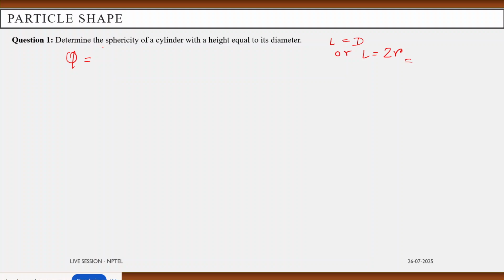So for any cylinder, you know that the volume is defined by pi r square h, and the surface area of the cylinder is 2 pi r h plus the two circles, 2 pi r square.